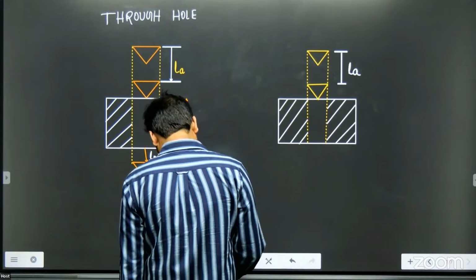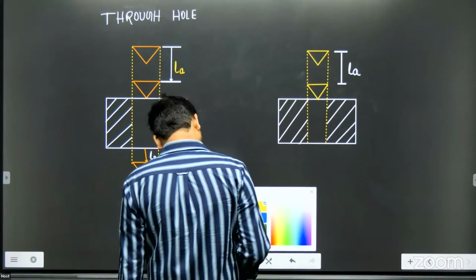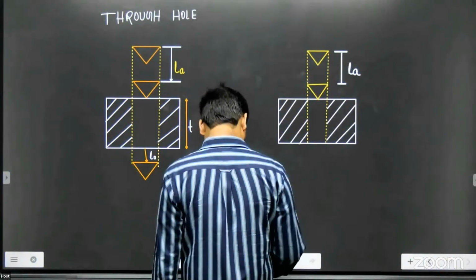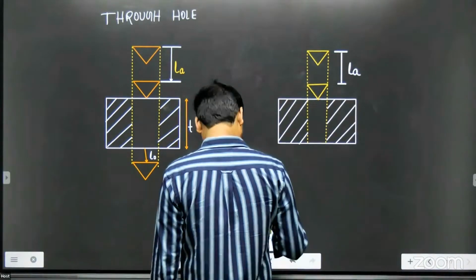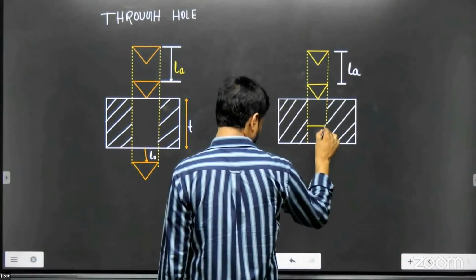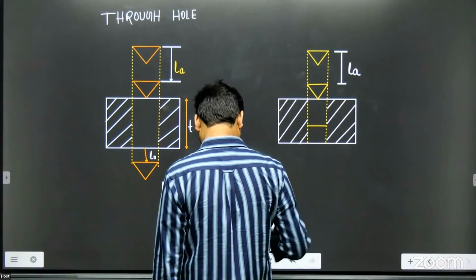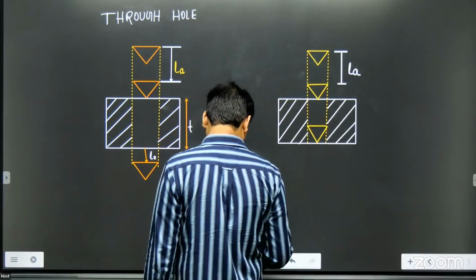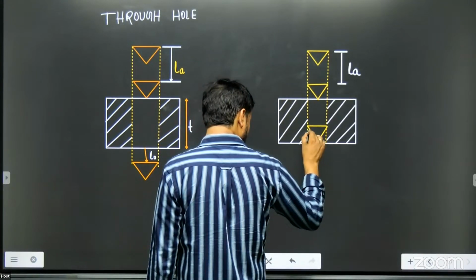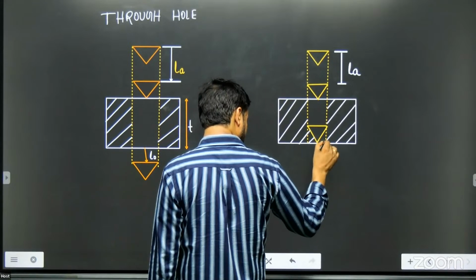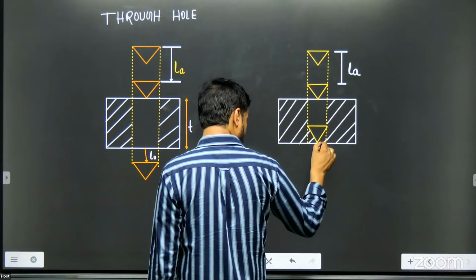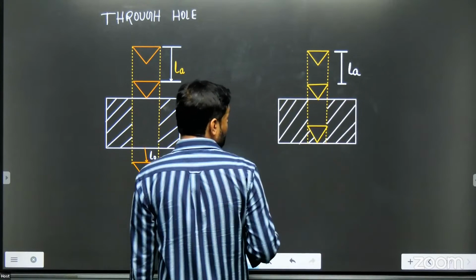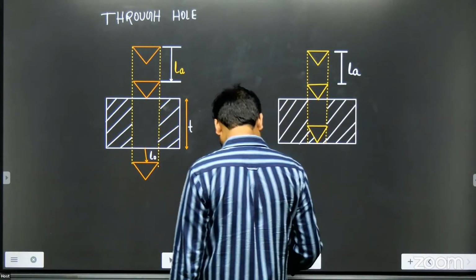But what is happening here? The drill drilling ends, let us say here. No more drilling after that. So the total thickness of the workpiece, let us say if it is T, then this whole T has not been drilled.